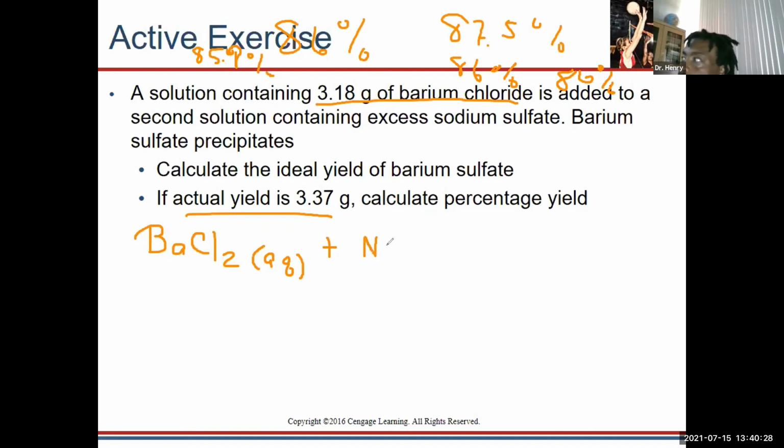What is the chemical formula for sodium sulfate? Okay, so we need those two sodiums to balance it out. All right. And it's aqueous, that's correct.